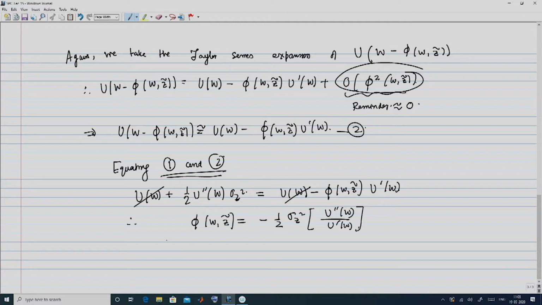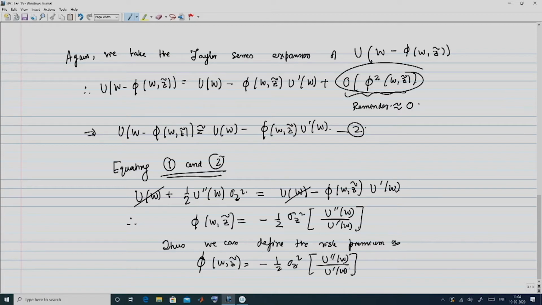Thus, we can define the risk premium. Remember what is risk premium: phi W z tilde is minus half sigma z square u double prime of W over u prime of W. So, I have essentially got an expression for the risk premium in terms of the utility functions.